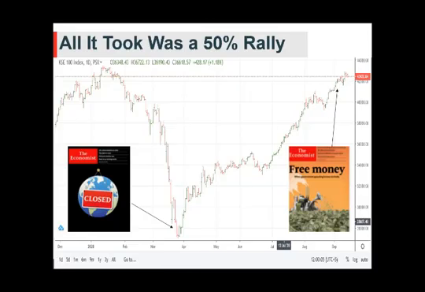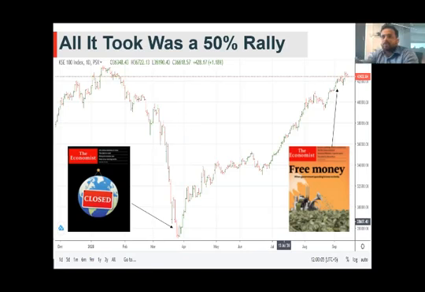But at the same time, I believe you should have some mechanism, some system that tells you how to behave in a dynamic market situation.